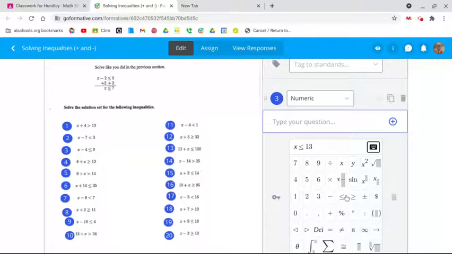And then you can type in your 13. So if you have any symbols that have a line under them, you're going to have to use the keyboard in Go Formative, in the formative program. If you don't have a line under them, you can just use your Chromebook keypad and type those in.